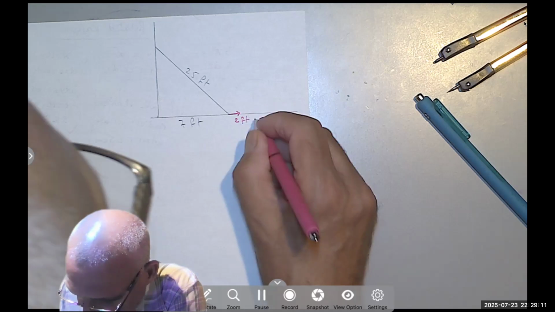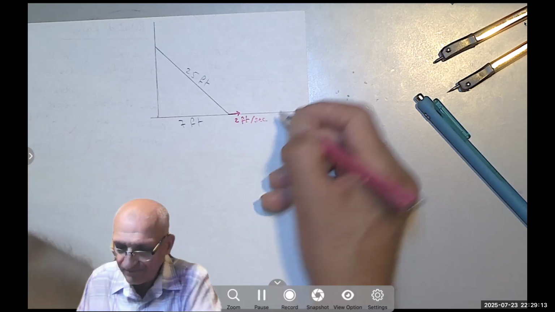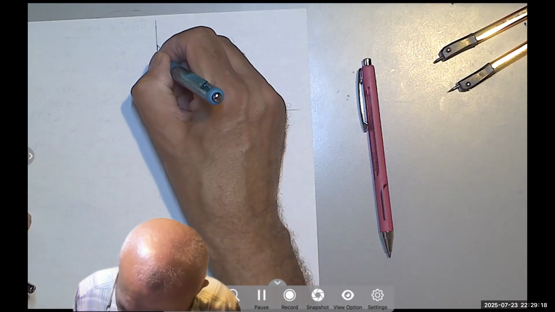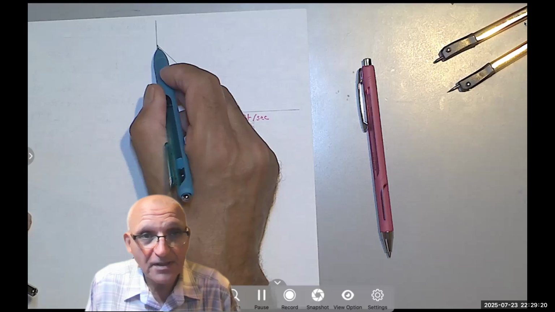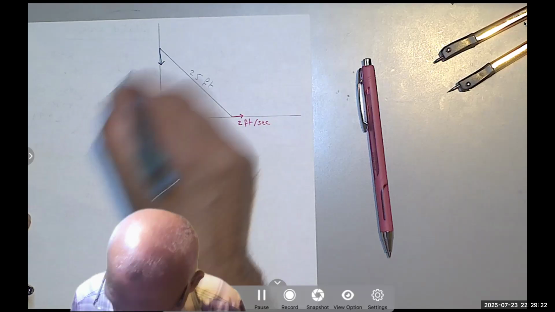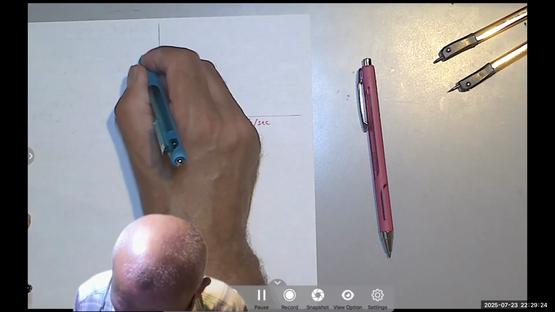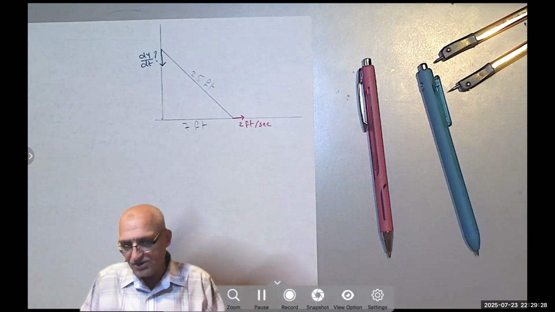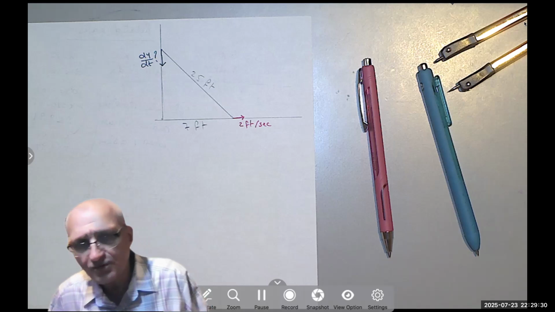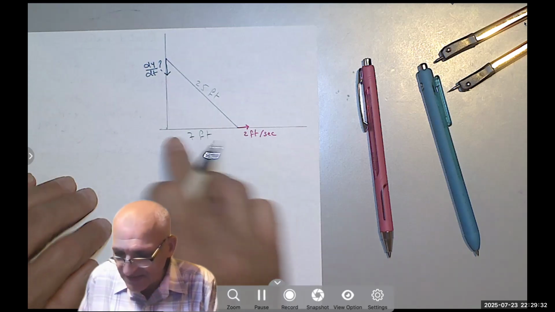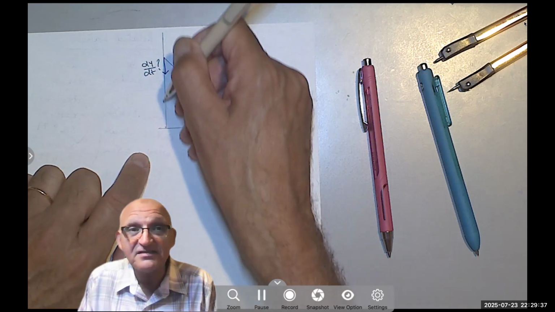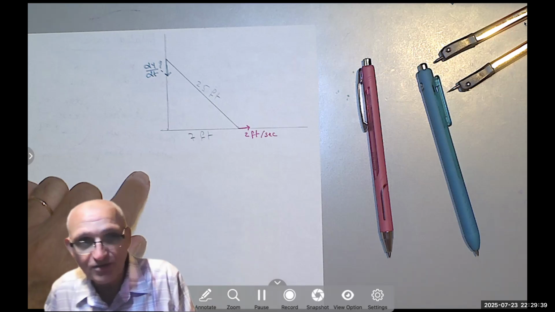It really doesn't matter. And we want to know how fast would the top slide down. So if this is x and that's y, what is dy/dt? It's not going to be 2 also, right? It would be different. And every time this goes more to the right, this will go down faster and faster. Do you see that?